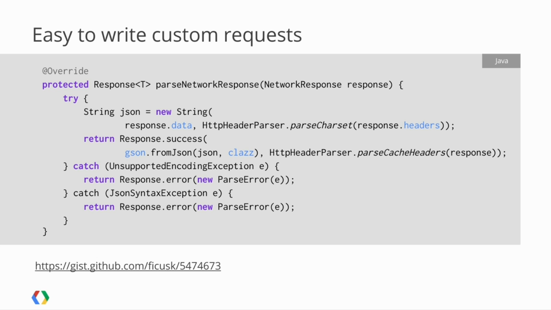We pass that to Gson's from JSON method along with the class object of our root response that helps with reflection. We use Volley's HTTP header parser helpers from the toolbox, and we're done. And that's it. You can even see we handle those parse errors. And that happens at the response time, not necessarily in your application code, where you're thinking more about errors and less about every different type of them that could happen.